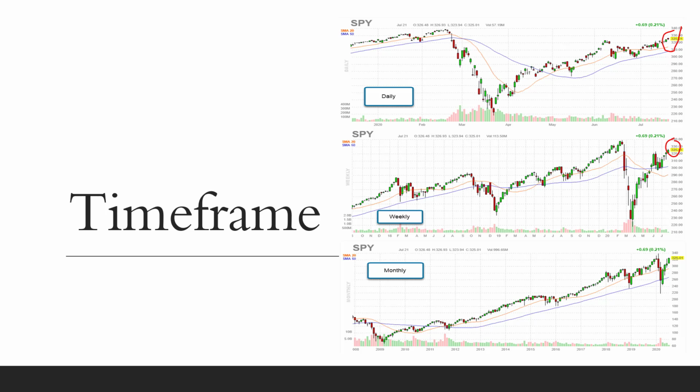And down here in the monthly, each of these little candles equals an entire month. That's why you can see how many years it's on, because every 12 candles equals a year. So you can see relatively, since the crash in 2008, we've been going up.